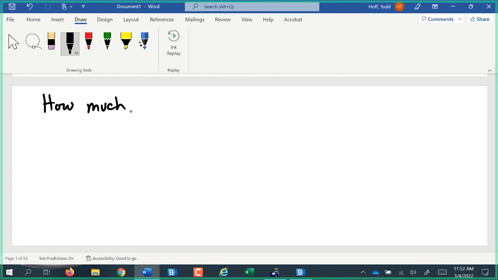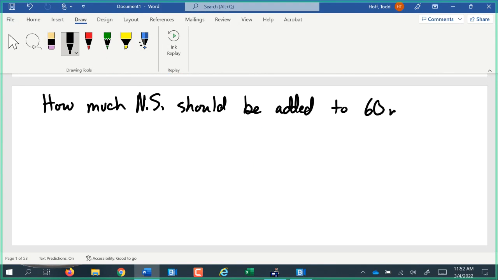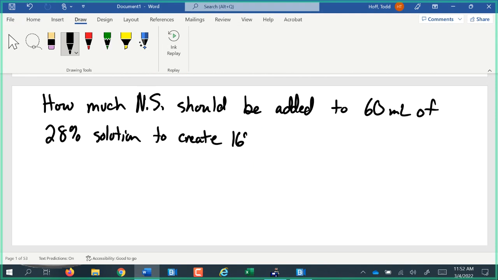So we might ask how much sterile water or normal saline should be added to 60 milliliters of 28% solution to create, let's make it 16% solution.